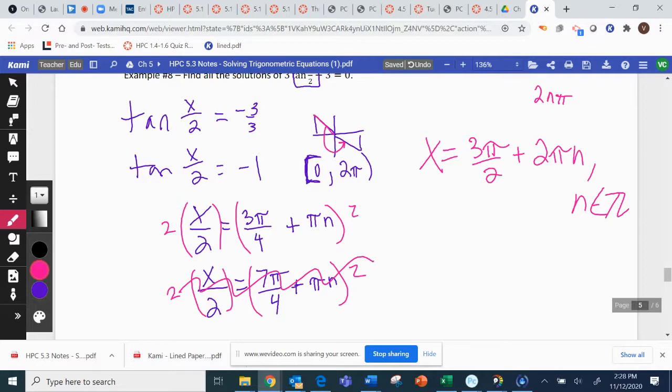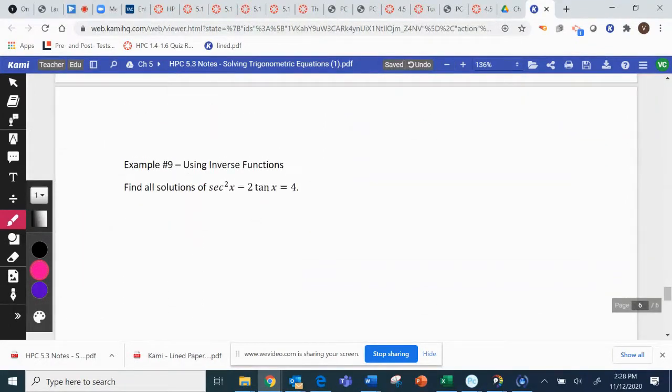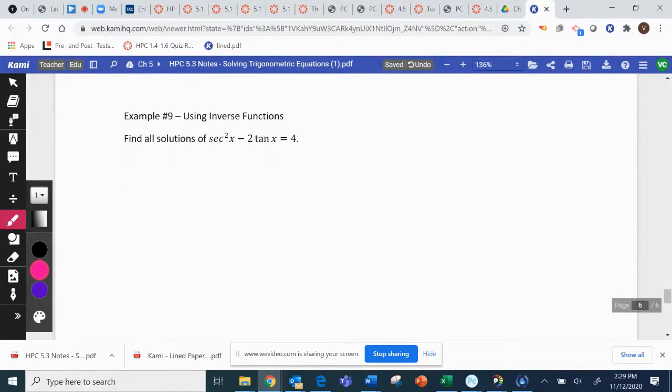All right, there's just one last one. Using inverse functions, find all the solutions of secant squared x minus 2 tangent x equals 4. So since we've got secants and tangents at the same time, I want to change them using those Pythagorean identities.